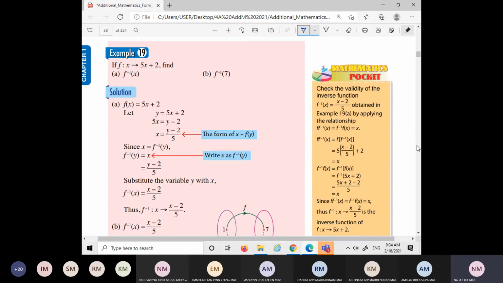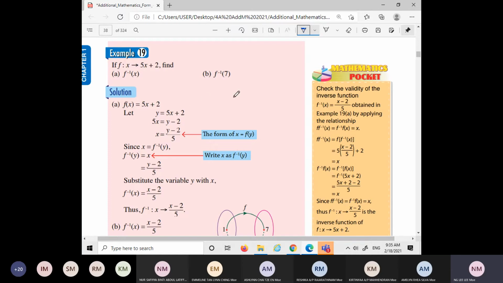You let y equal 5x plus 2, and then change the subject. So you remember the steps. At the end, x becomes the subject. Here the y is the subject, so now x becomes the subject.